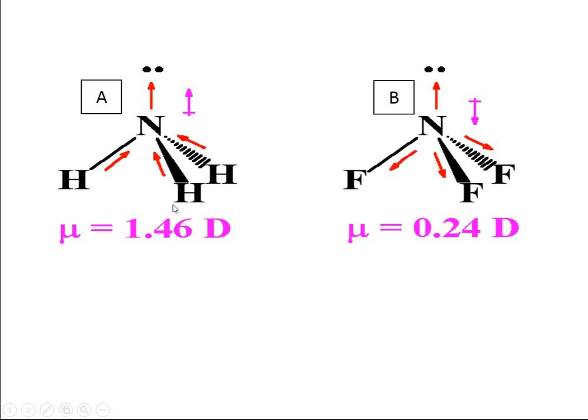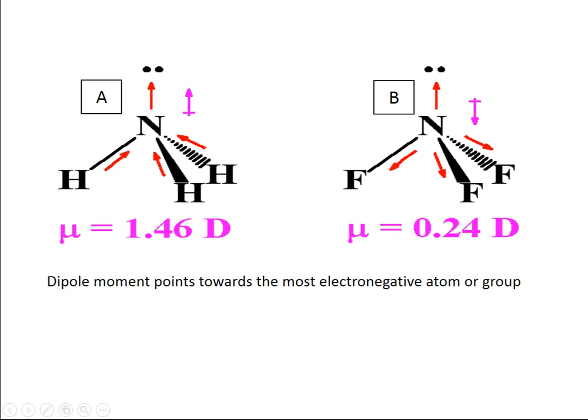Now, if you look at the numbers, you see the dipole moment is bigger here than in here. So the question is, why is the dipole moment bigger in nitrogen and hydrogen and smaller in nitrogen and fluorine? Before we go there, we said the dipole moments will point towards the most electronegative atom or group. Why does B have a smaller dipole moment?